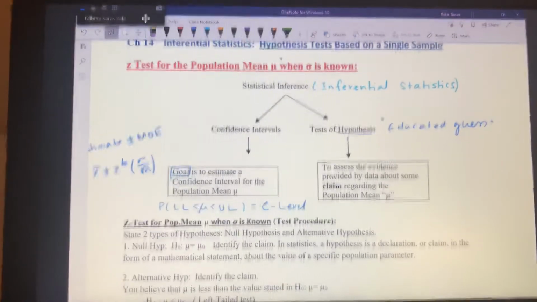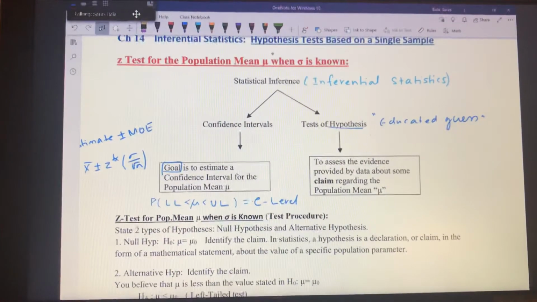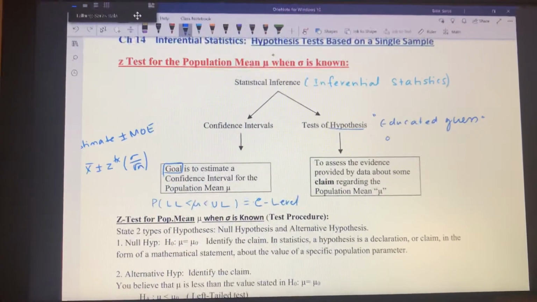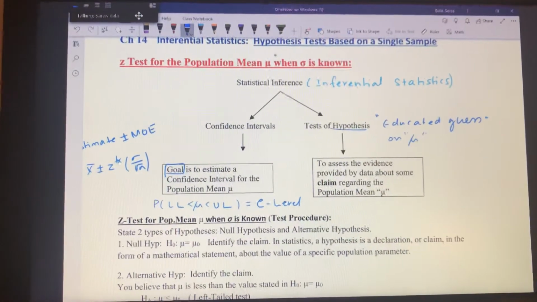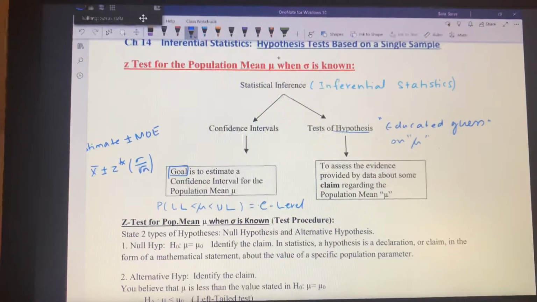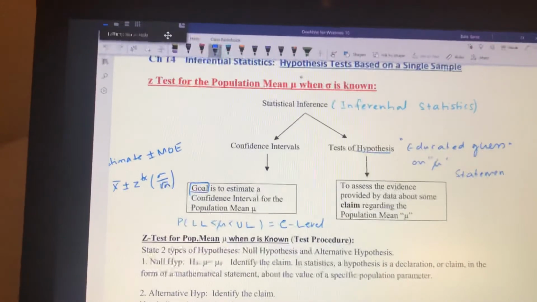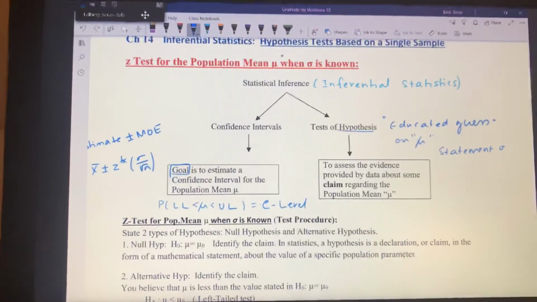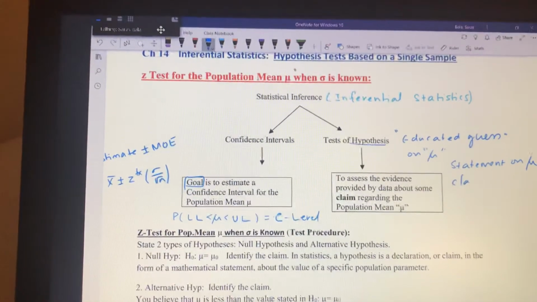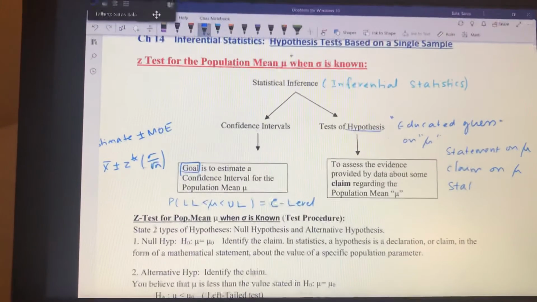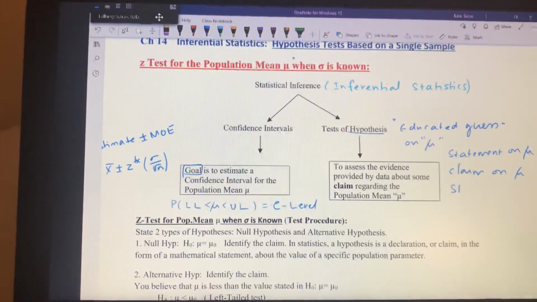But here now, when you are given a statement, the educated guess is going to be on the statement, or you are going to be checking the statement, or you can say the claim, or you can say simply the sentence is going to be tested.